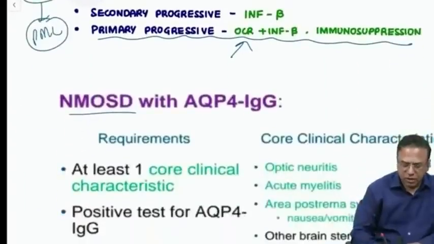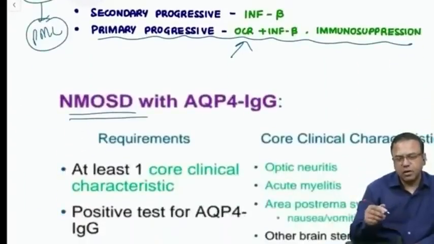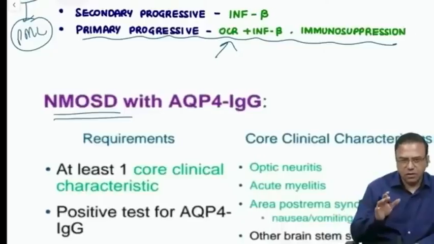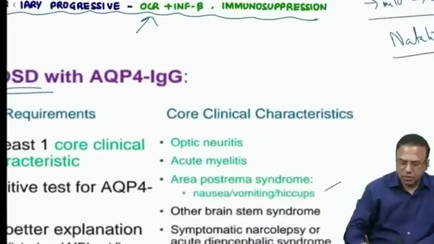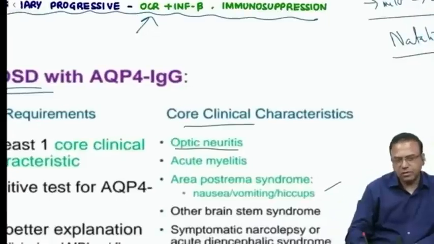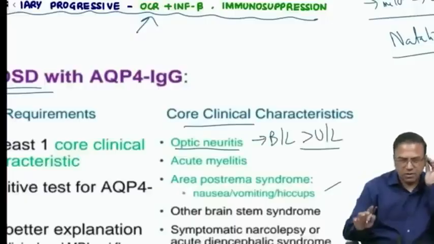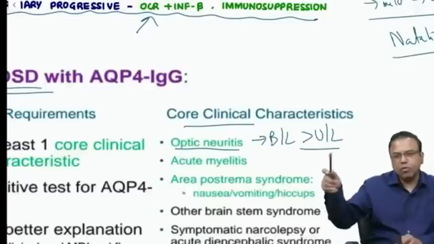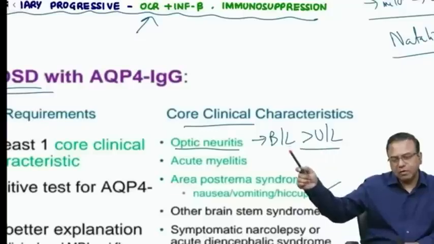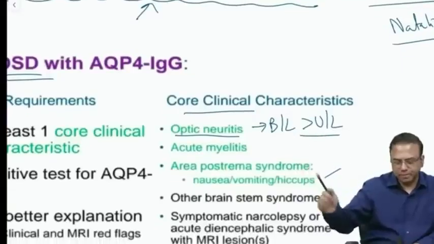You should differentiate multiple sclerosis from neuromyelitis optica. Neuromyelitis optica and MS, the difference is that patients with neuromyelitis will have optic neuritis. Even multiple sclerosis will have, but these tend to be more likely bilateral than unilateral. Remember, MS affects one side generally. It will not affect both optic nerves. So bilateral optic neuritis favors neuromyelitis optica.